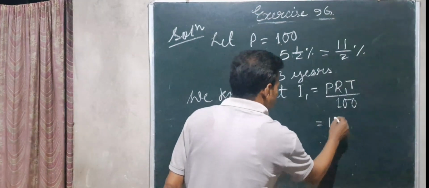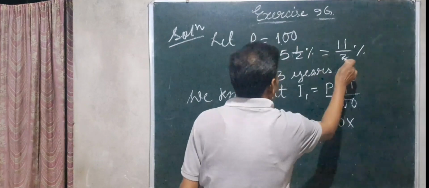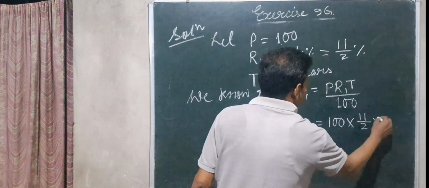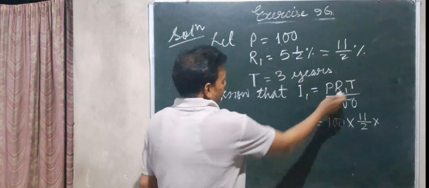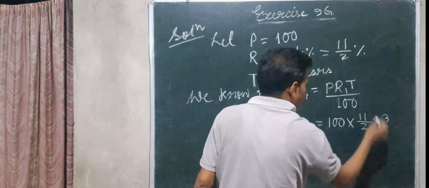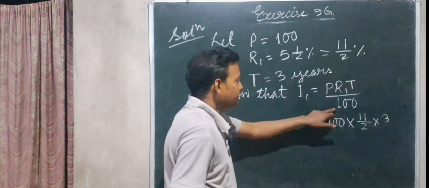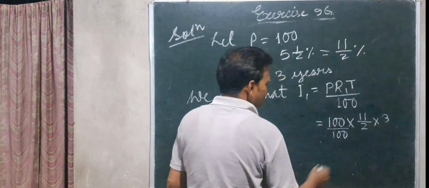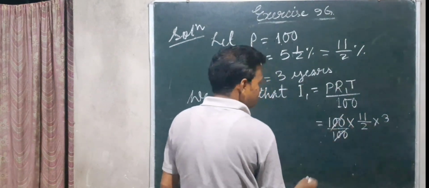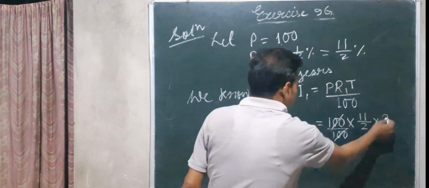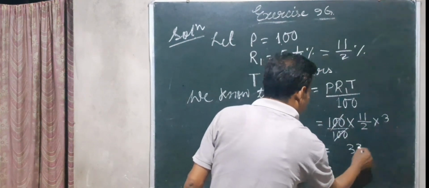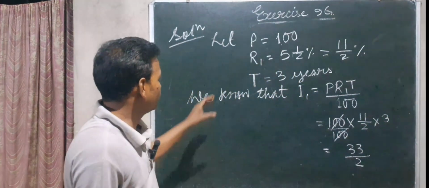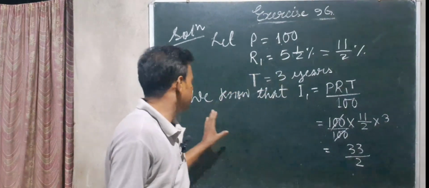P equals 100, R equals 11/2, T equals 3, and divided by 100. This 100 and this 100 cancel. 11 times 3 is 33/2. So at 5.5% the interest is 33/2.